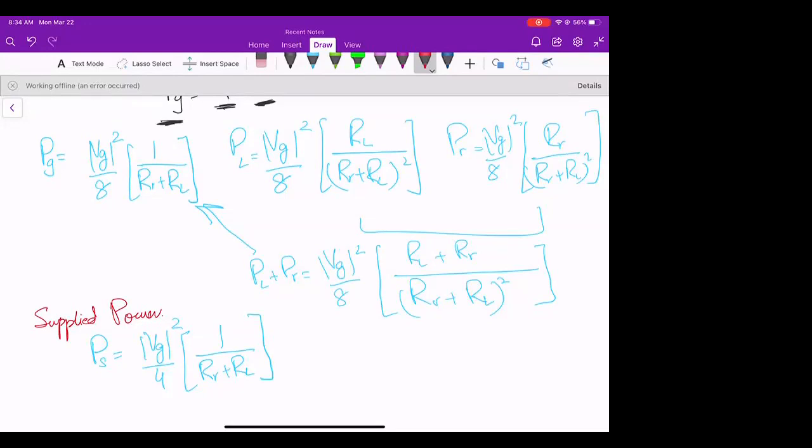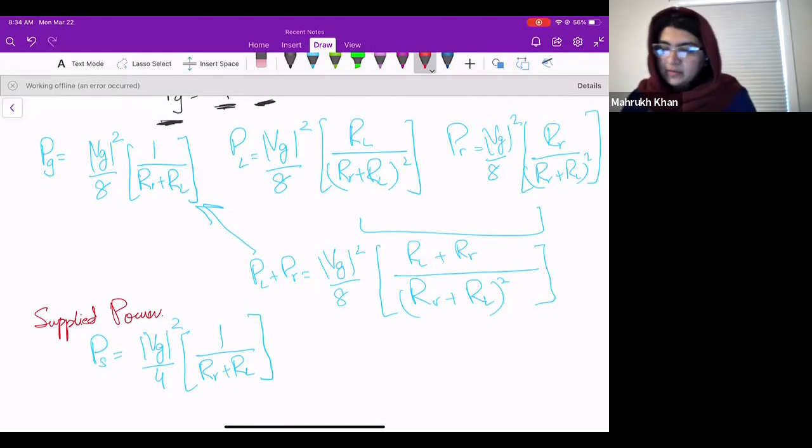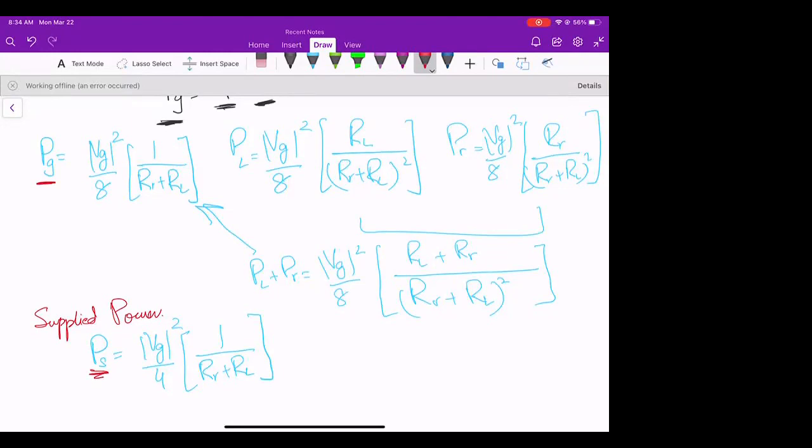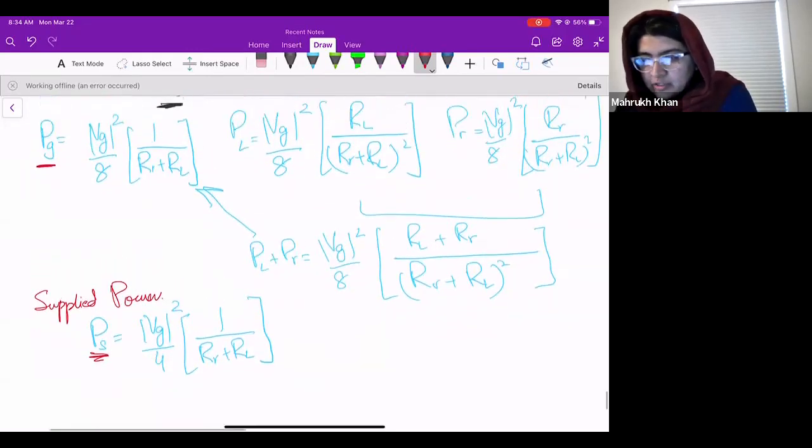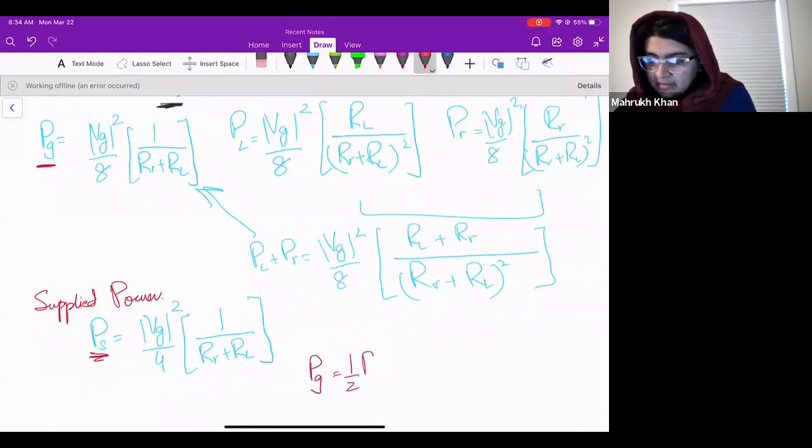I'm saying, what is the relationship between PS and PG? By looking at the expressions, can you see what could be the relation between them? PG would, in this case, be half of what PS is. Yes, that's what I'm looking for. Thank you. So, as he said, PG from the expression is half of PS, right?